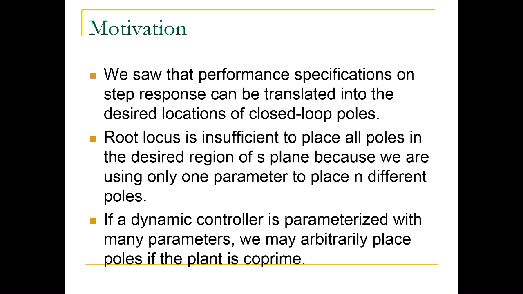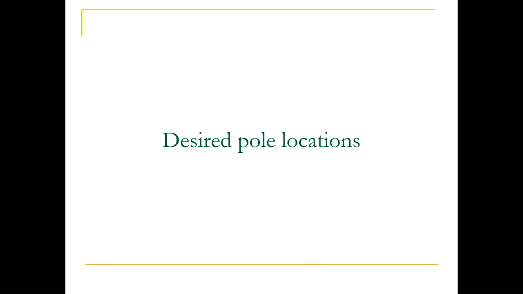So root locus has a single parameter, it's a static controller, like a proportional controller, and its ability to move poles is very limited. Now, if we allow dynamic controllers with more parameters, not just one but multiple parameters, then you will see that we can place poles arbitrarily anywhere in the complex plane by choosing the coefficients in the controller, right? Obviously the controller needs to be complex enough, of sufficiently high order, to achieve this.